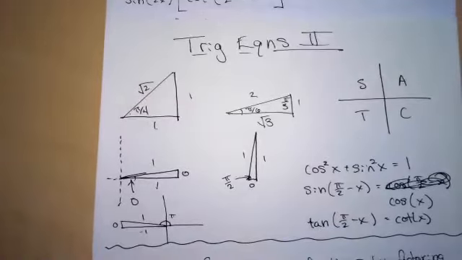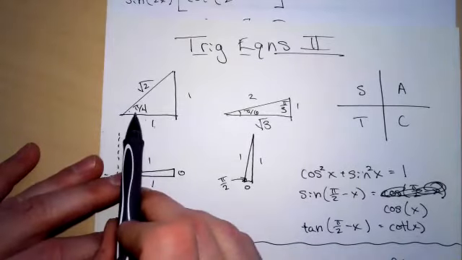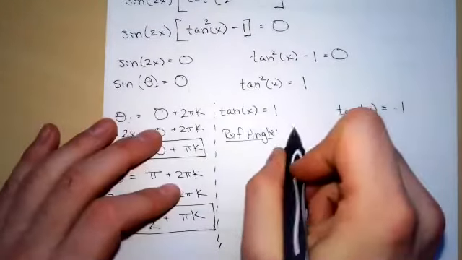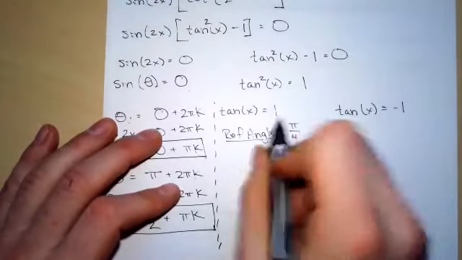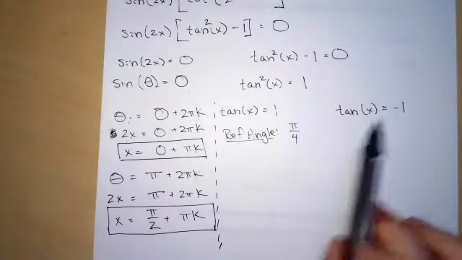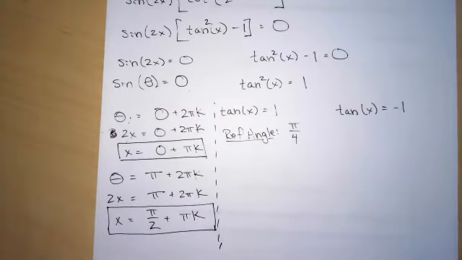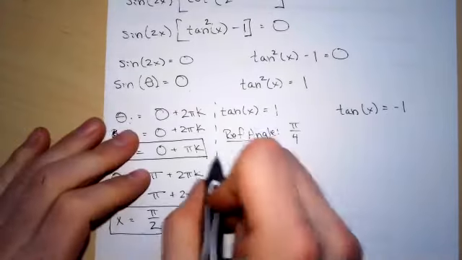Which triangle has a tangent ratio of 1? It's going to be this guy here. Tangent of pi over 4 gives me 1. And since these two values are the same value up to a plus or minus sign, they're going to have the same reference angle because the ratio is still 1 up to a minus sign.